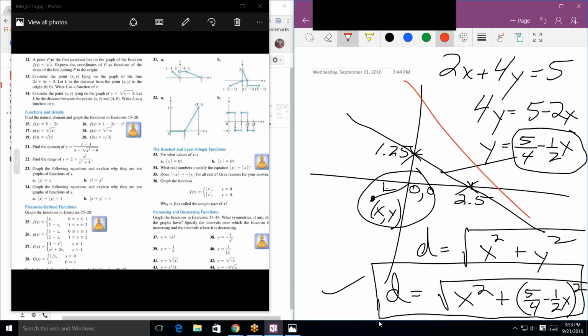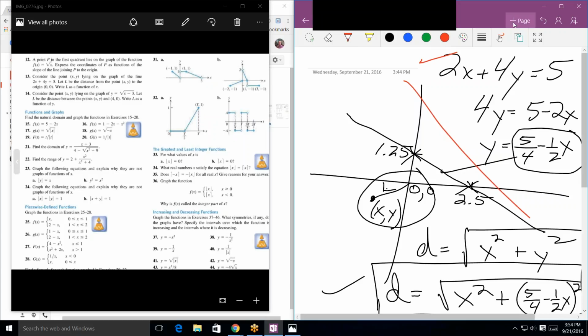But if I want to make this distance strictly as a function of x and not a function of x and y, then I have to use this as a second equation so that I can use substitution and make my distance L be a function strictly of x and not a function of x and y.